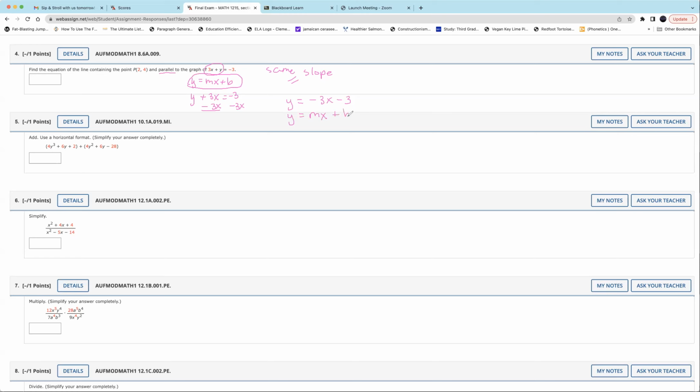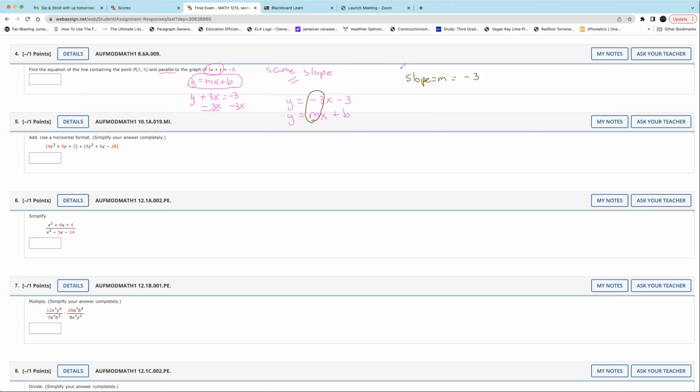When it's in this format, my slope, which is my m, is negative 3.